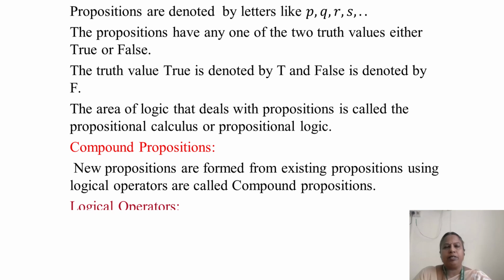Compound propositions mean we can form new statements from the existing or given propositions. The given propositions are called atomic statements, whereas the new propositions formed using the logical connectives are called compound propositions.